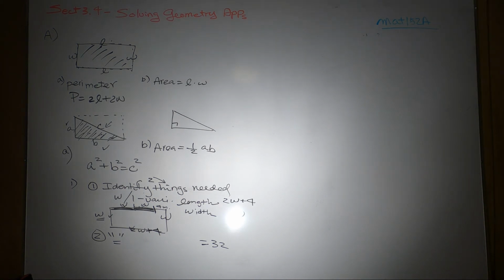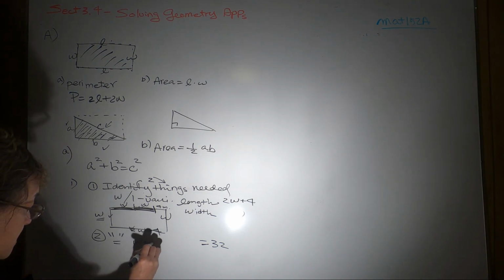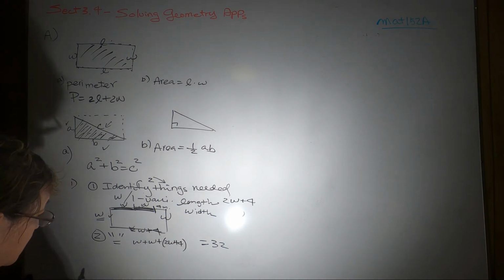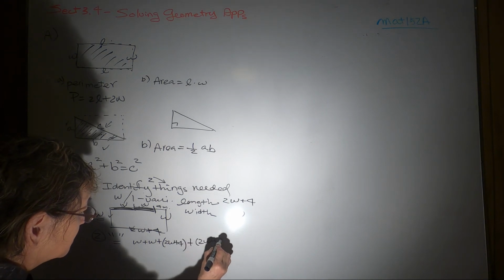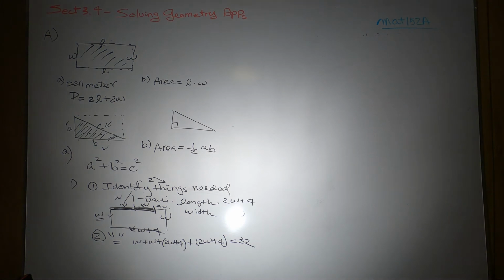That's the rectangle. So perimeter means all around. What do you have? You have W plus 2W plus 4 and another W plus 2W plus 4 equals 32, right?